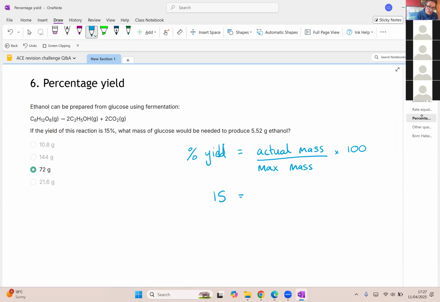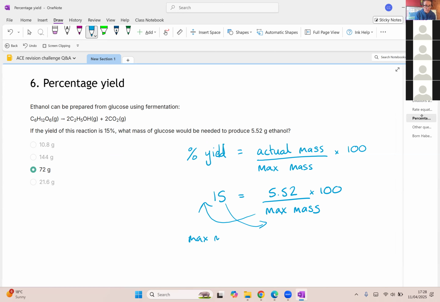15, and I know the actual mass, 5.52, and I know 100. So that's the maximum mass of ethanol down here. So I do a bit of a rearrange, put that up there, put that down there.